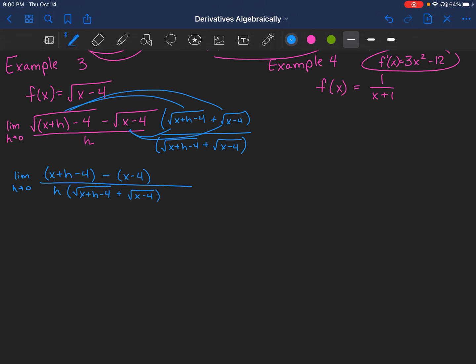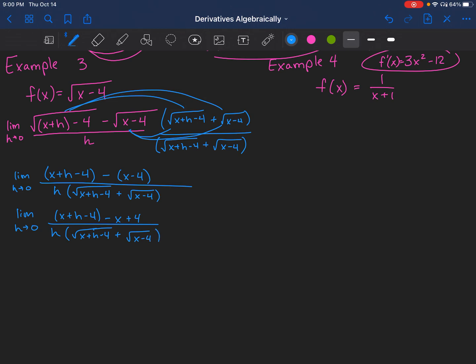Please make sure to use parentheses so you remember to distribute that negative there, which I'll go ahead and do right now, just so I don't forget. So we're going to have x plus h minus 4 minus x plus 4 divided by h, parentheses, the square root of x plus h minus 4 under one big square root plus the square root of x minus 4 there.